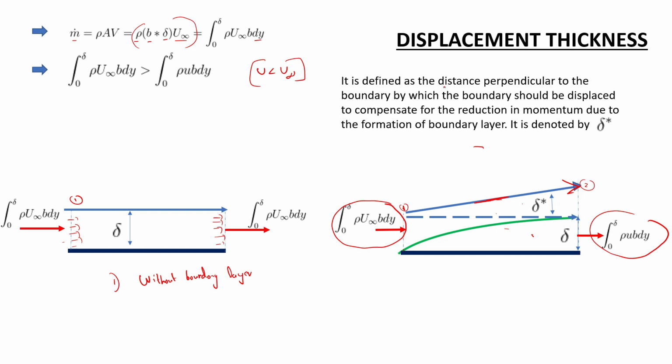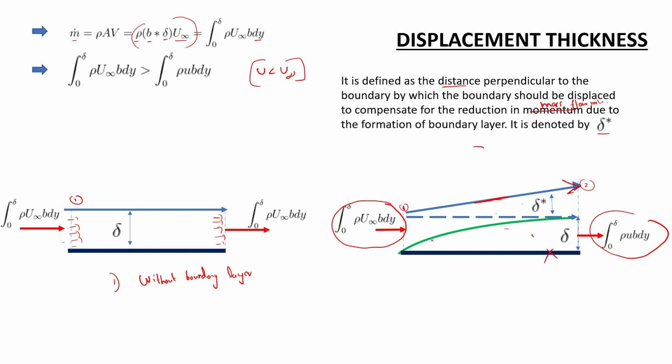So now let us look at this definition. It is defined as the distance perpendicular to the boundary, by which the boundary should be displaced to compensate for the reduction in mass flow rate due to the formation of the boundary layer.